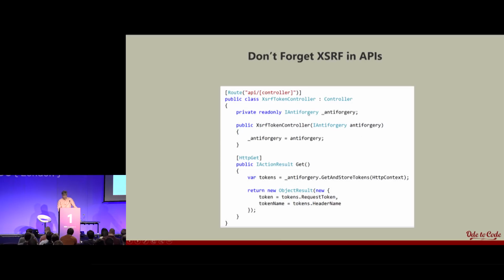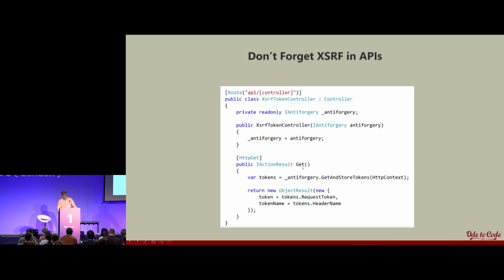So if you have API endpoints, you also need to protect those against cross-site forgery. And one way to get the cross-site request forgery token into your JavaScript, so when your JavaScript posts form values to you, is to provide an API endpoint that injects the anti-forgery service.